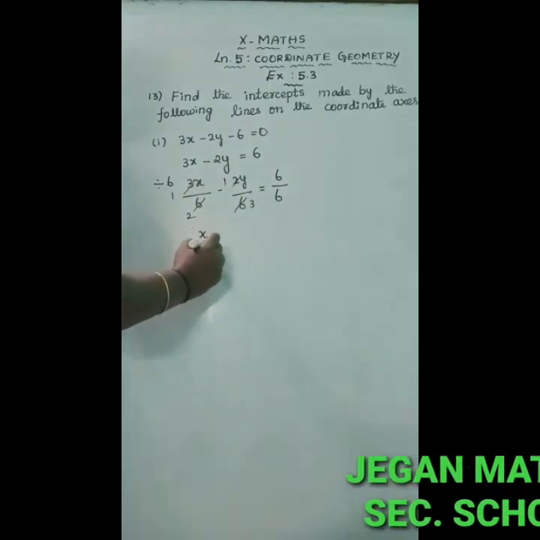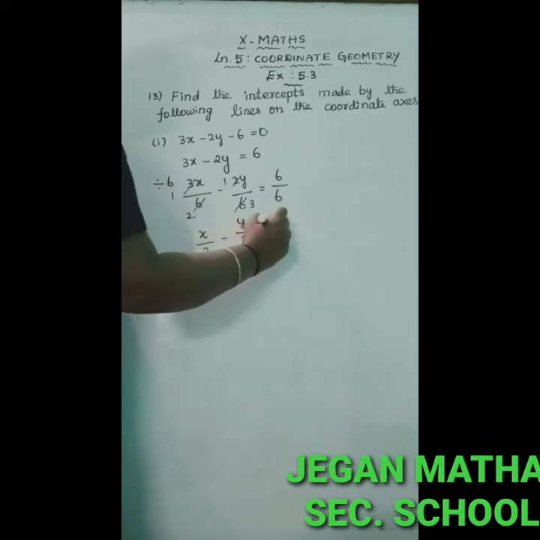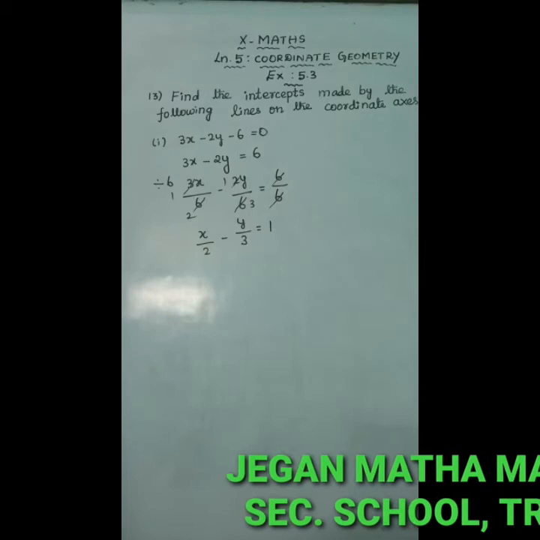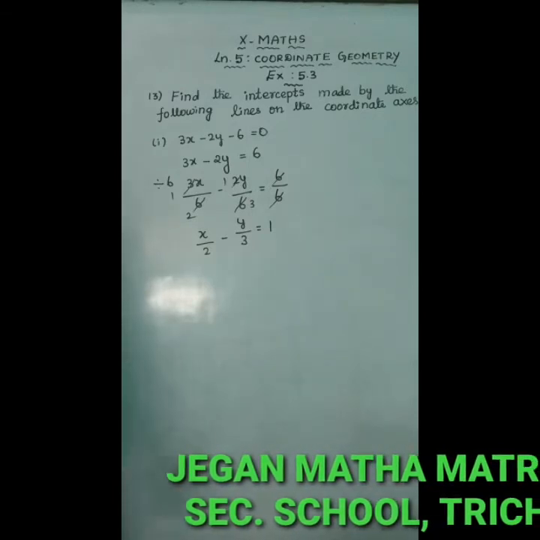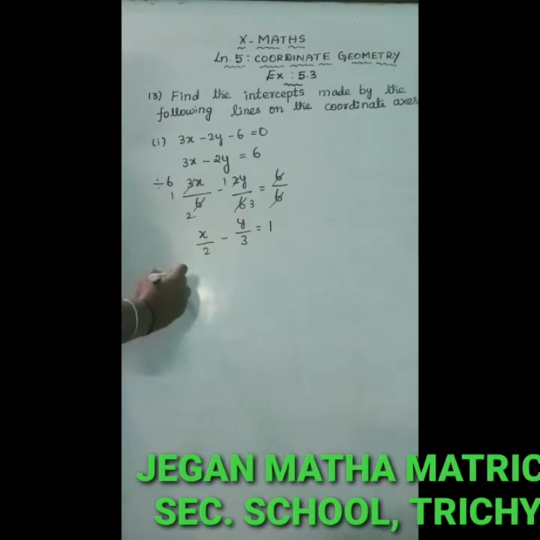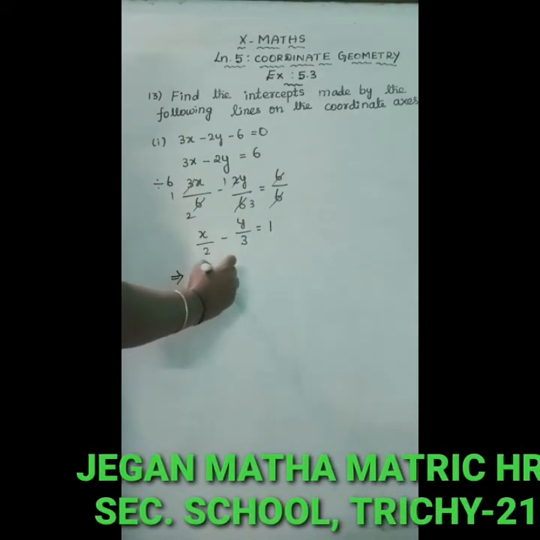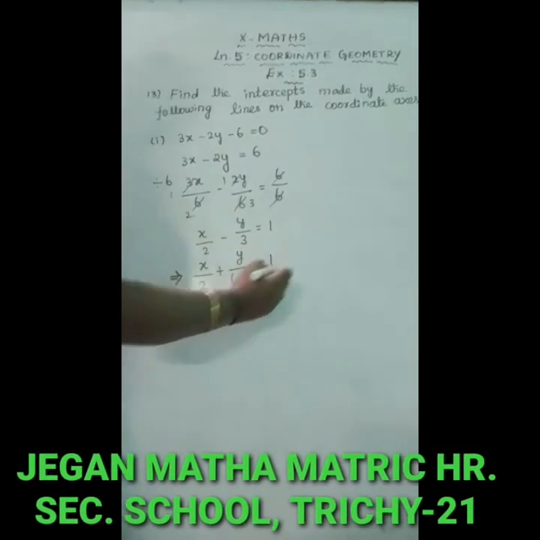So x divided by 2 minus y divided by 3 is equal to 1. So x by 2 minus y by 3 is equal to 1. So here we change it to the intercept form. x divided by 2 plus y divided by minus 3 is equal to 1.